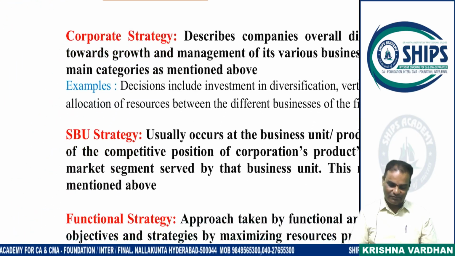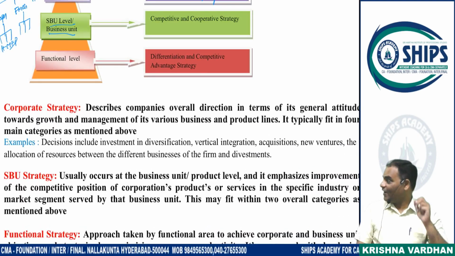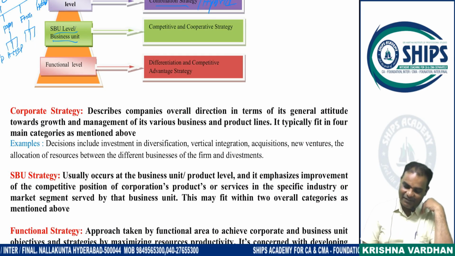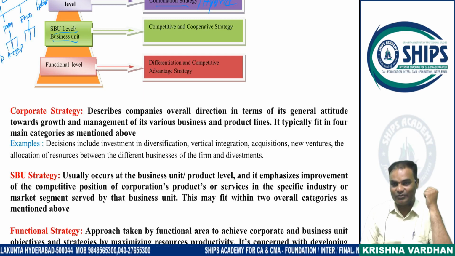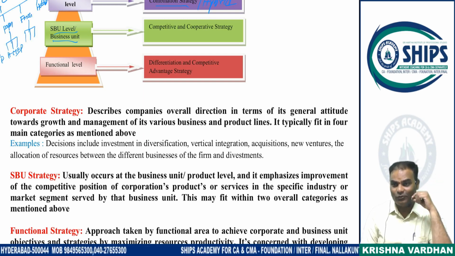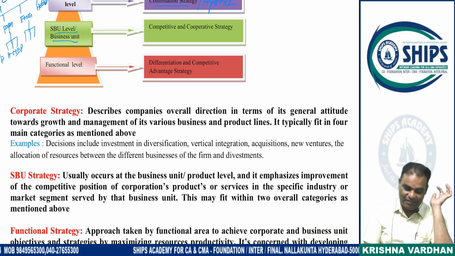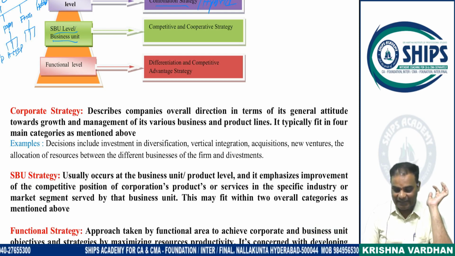Now, just see how I have defined it. What is a corporate strategy? It describes the overall direction in terms of its general attitude. When we were talking about the ITC group, we are talking in general about all the SBUs towards the growth and management of its various businesses or product lines.